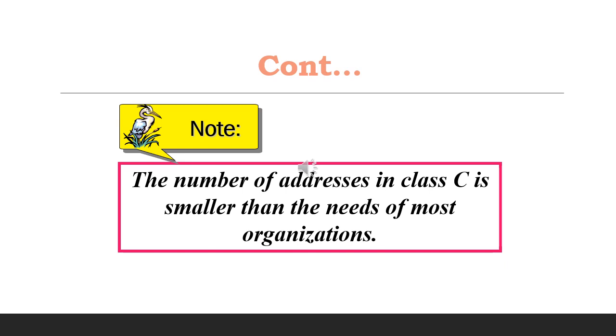Now the number of addresses in class C is smaller than the needs of most organizations, since in class C we have 24 bits for the network address and only 8 bits for the host addresses.